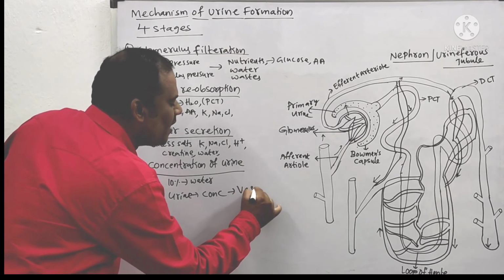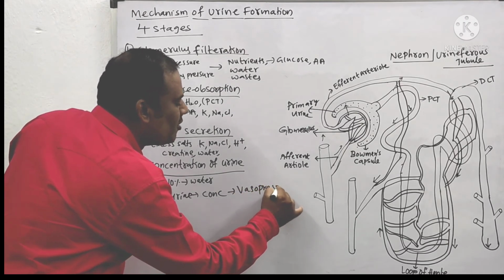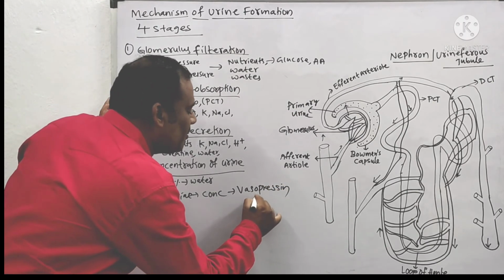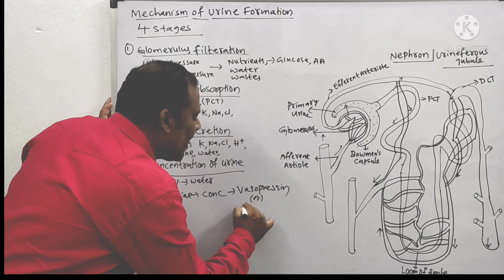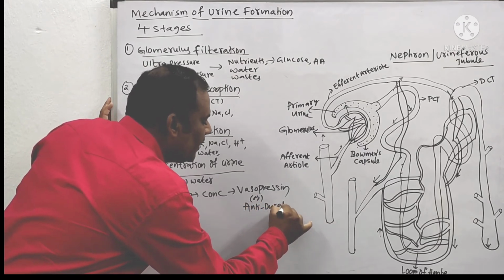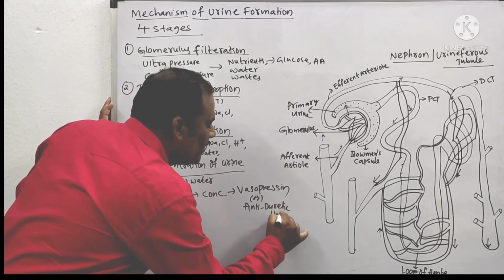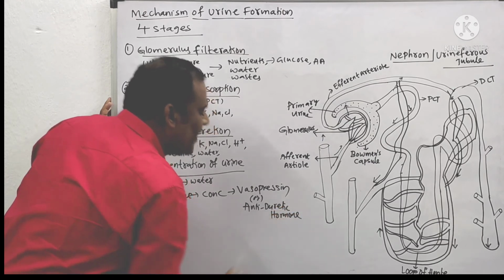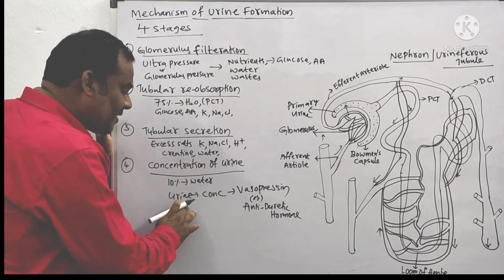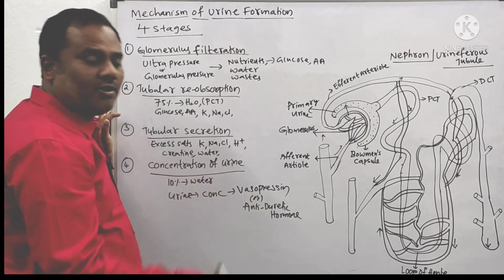At that time, a hormone will be produced, and that hormone is called vasopressin. Vasopressin hormone is also called antidiuretic hormone. Why? Because this concentrated urine has to be sent out.